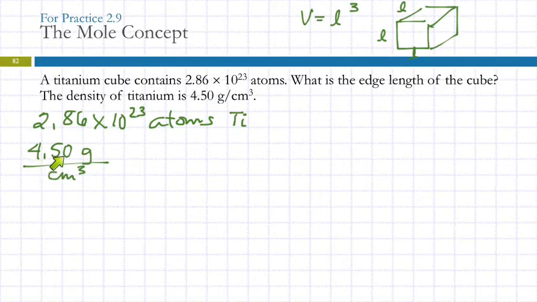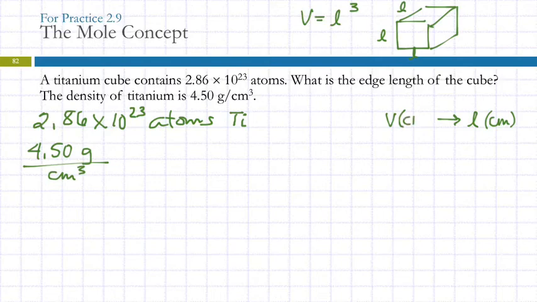This density has a mass unit and a volume unit. So I'm trying to get length. What might be a unit for length? Centimeters? So if I knew the volume, I could find the length, right?